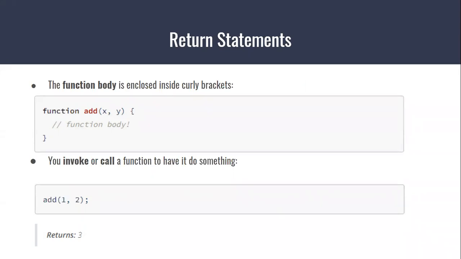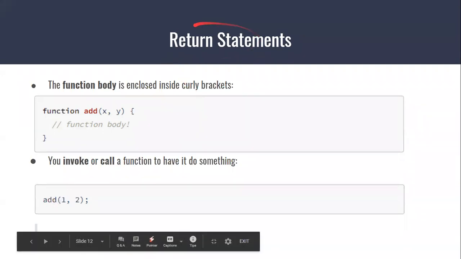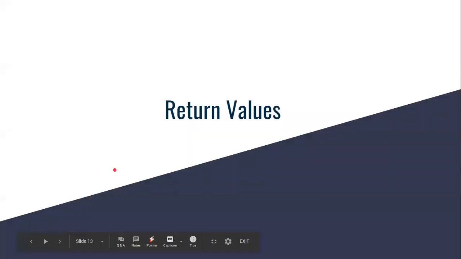Now remember, if it just console logs it and doesn't return it, it's suppressing it. In a calculation, it has no value to us because it doesn't do anything for us. We need a value out of it, and therefore we need it to return something in a return statement. So we can talk about return values.